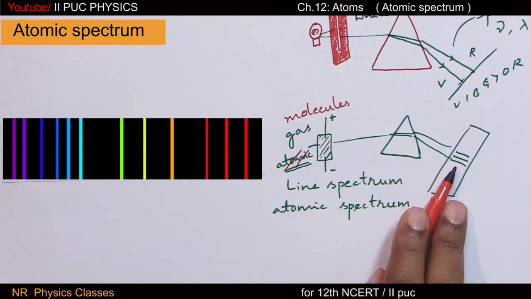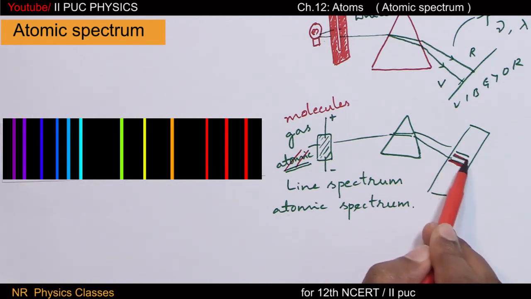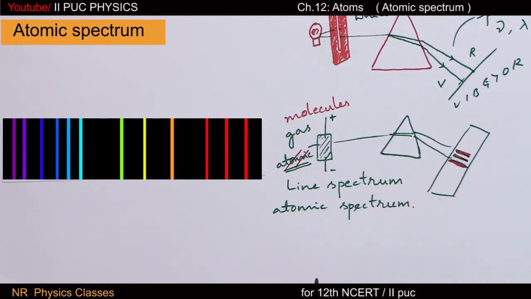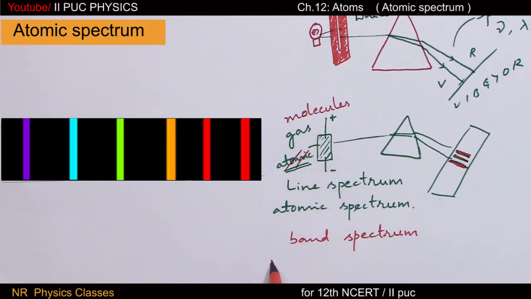And the pattern will have bunch of lines. Bunch of lines looks like bands. So it is called band spectrum. Band spectrum is due to molecules, also called molecular spectrum.